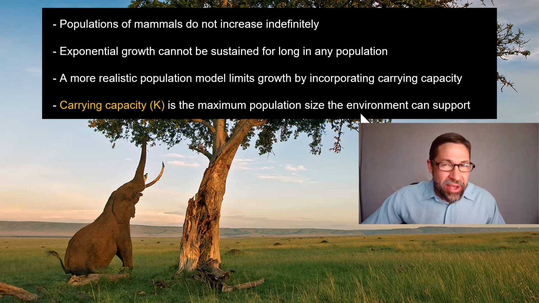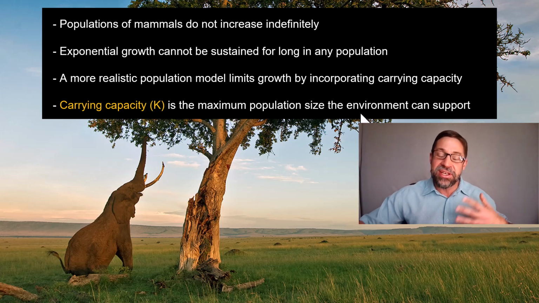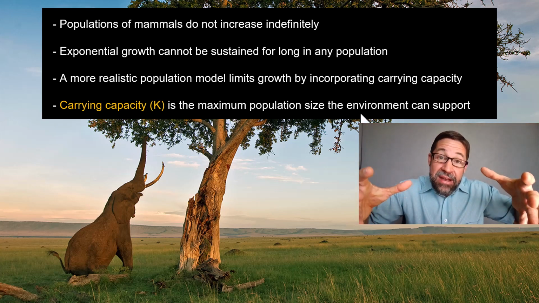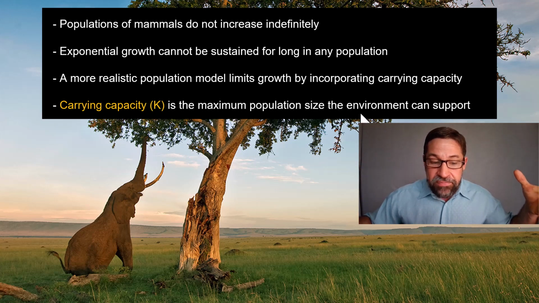So I want you to recognize, though, that carrying capacity is not some golden magic fixed number. Carrying capacity is fluid. It can change in one habitat from one year to the next. It's not static over time.